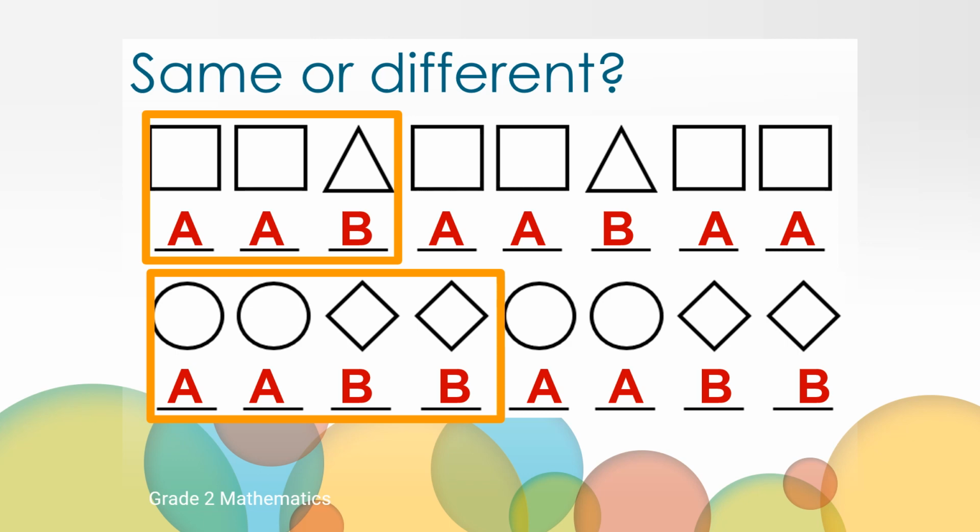When we look at the core, or the unit that repeats for each of these patterns, we can see that they are different. The first pattern is an AAB pattern with 3 units that repeat. The second pattern looks similar because it also begins with AAB, but it has a 4th unit that repeats. So it's different because it's an AABB pattern.